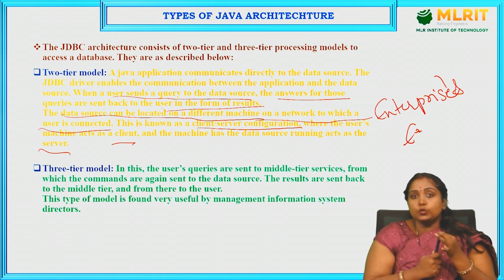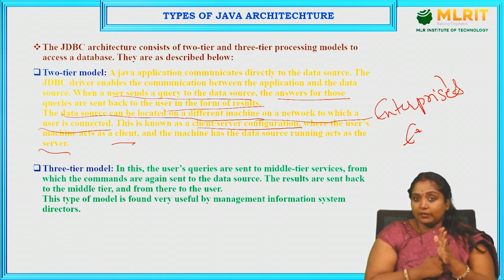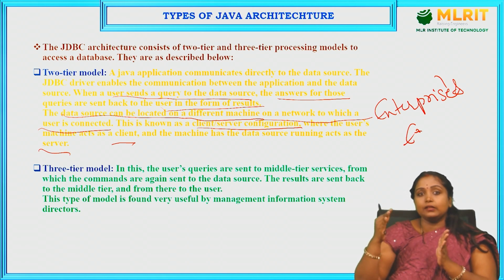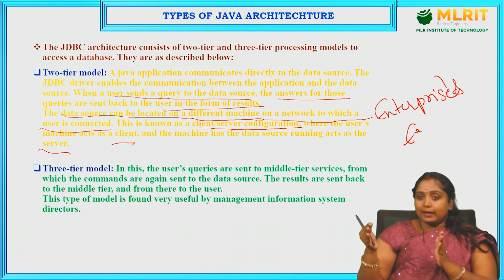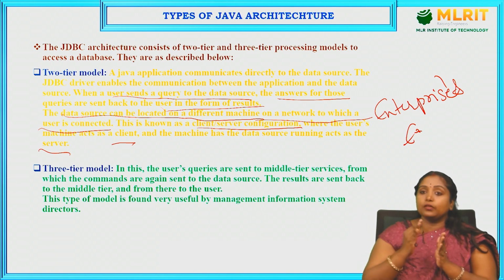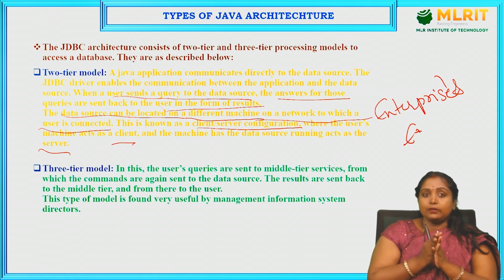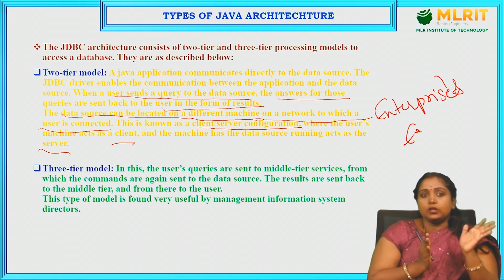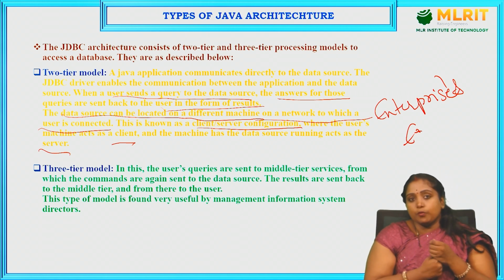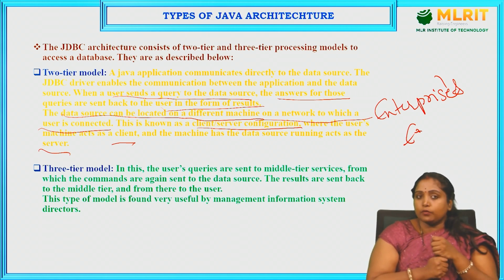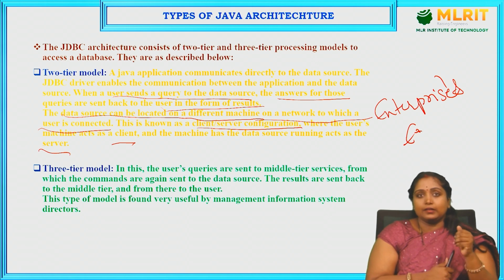User queries are sent to the middleware services, and from the middleware the commands are sent to the data source. The results sent back by the data source go to the middleware, and the middle tier sends these responses to the user. This type of model is found very useful by management information system directors.